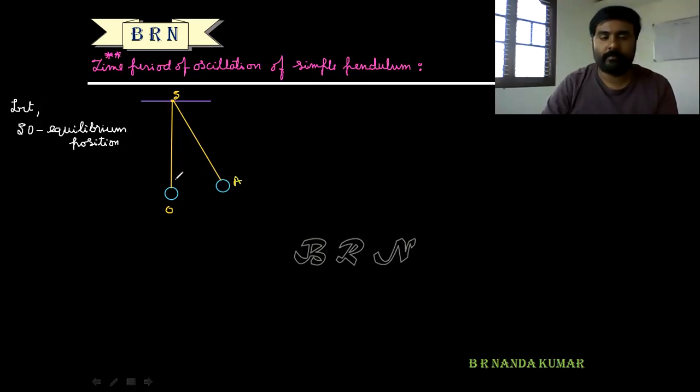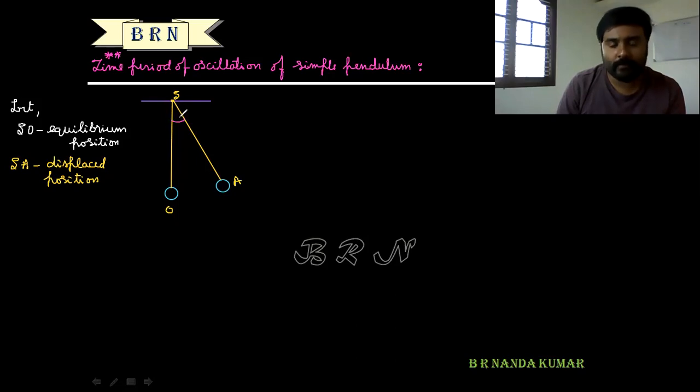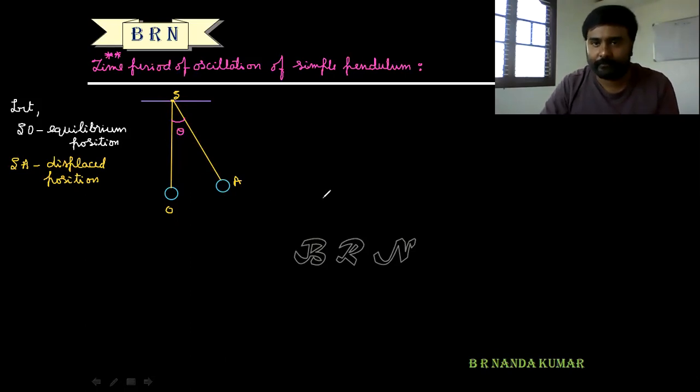So SA is the displaced position of the bob. Theta is the angle made by the string of the simple pendulum with the vertical. So this is the vertical, and theta is the angular displacement.